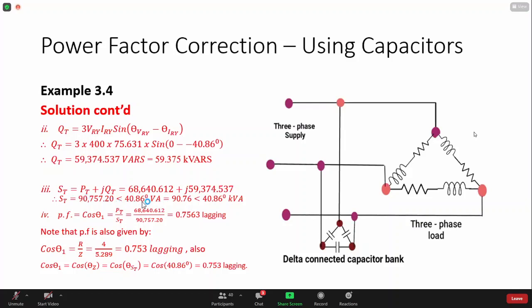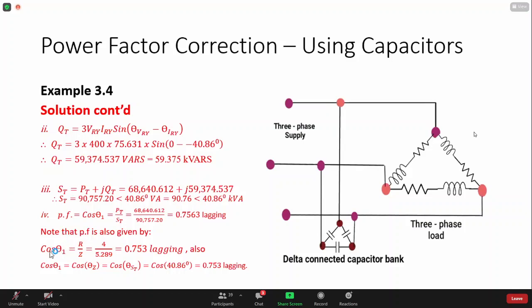So ST is 90.76 at angle 40.86 kVA. And then power factor from the power triangle is equal to PT over ST, and it works out to be 0.7563. And since we know it's an inductive load, we know it's lagging.